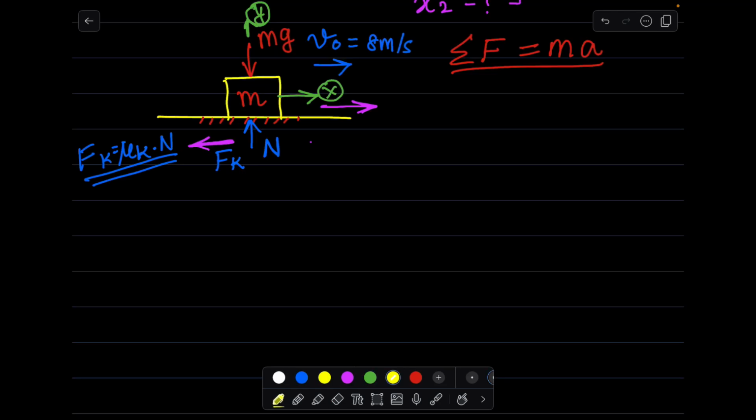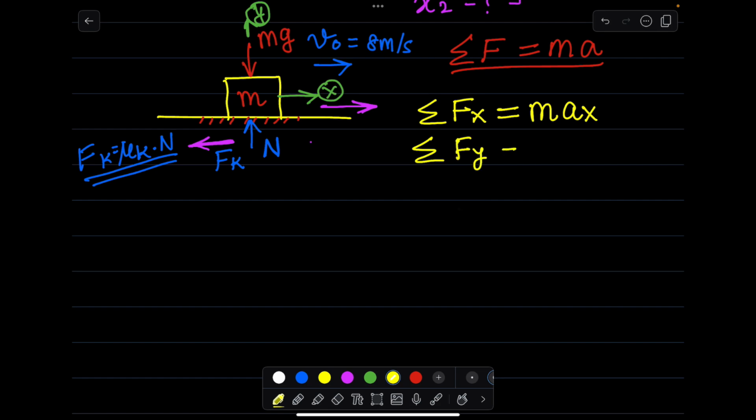I will write the formula and calculate the components of forces in the x and y directions. So I can write Fx is equal to max, and similarly I can write two components of this force, may. Now I will solve equation 1 and then equation 2. So let's go with equation 1.